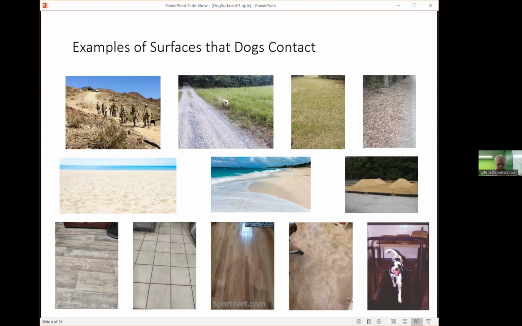If this dog is going to be a TSA dog working at Cincinnati Airport or whatever, they're only going to interact with hard surfaces, marble, hard type surfaces. They don't necessarily need as much conditioning for the sand.